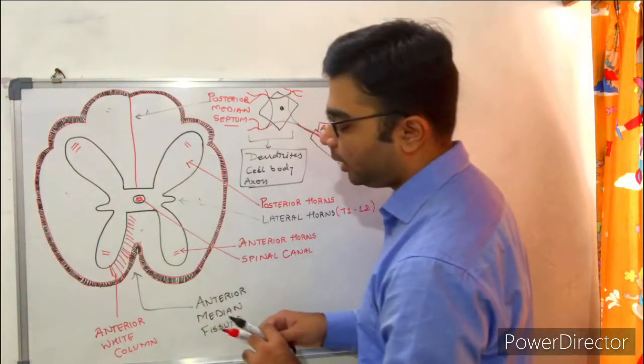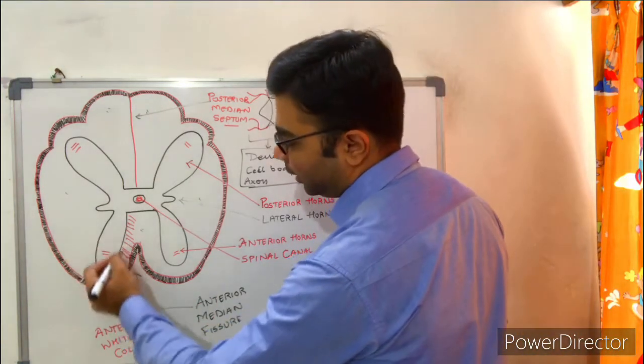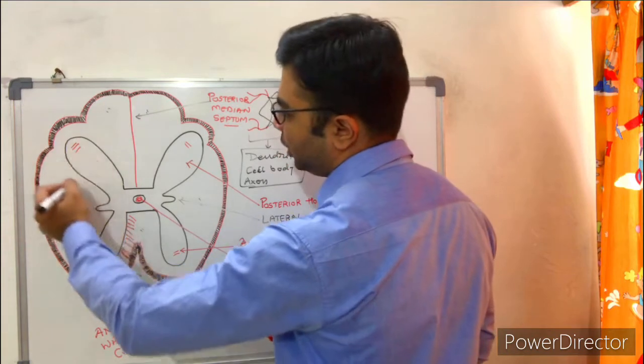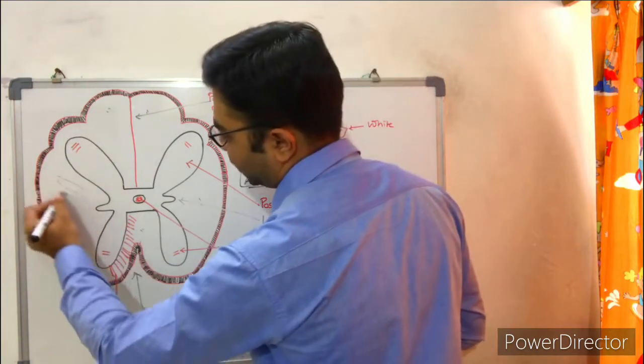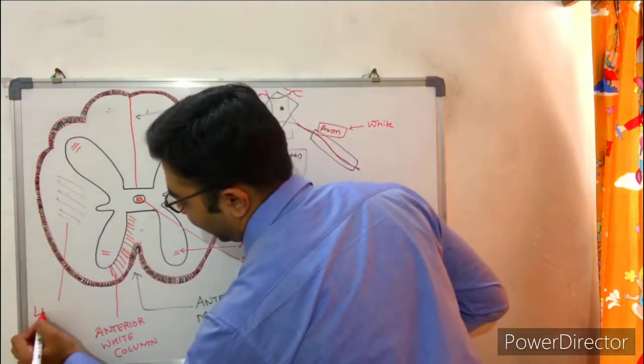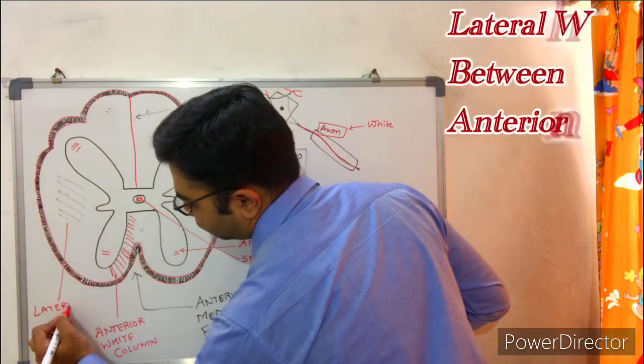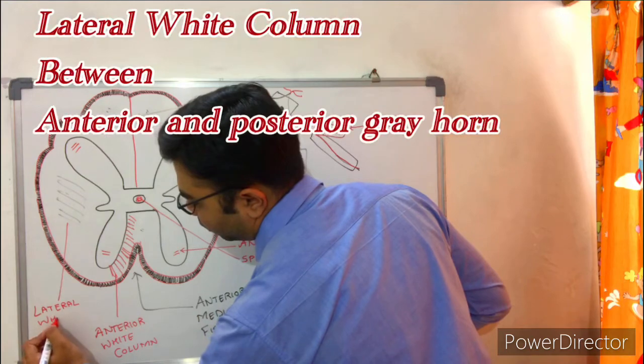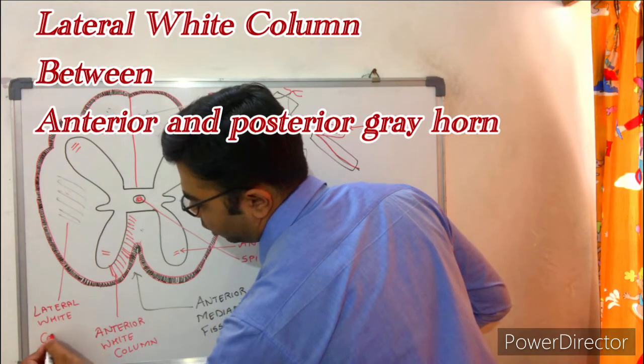Now the area between the anterior gray horn and the posterior gray horn, which is this much area, is termed the lateral white column.